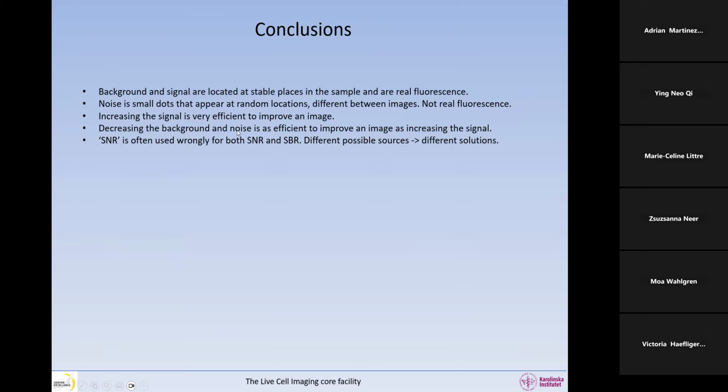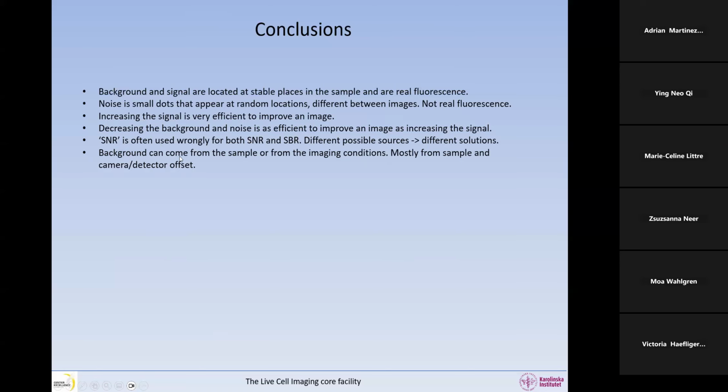It's very important to differentiate them and to know where your background comes from and where your noise comes from, because since we have different possible sources, we also have different solutions. The background can come from the sample or from the imaging conditions, and mostly it comes from the sample, for example mounting medium that is fluorescent or samples that are fluorescent.